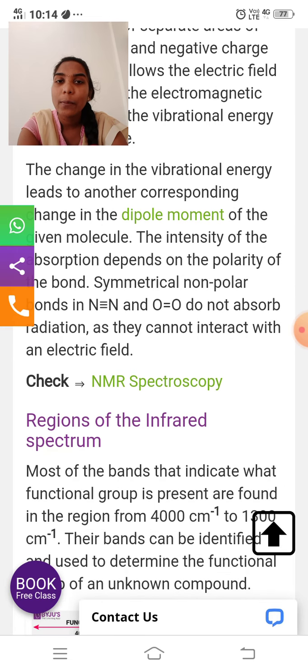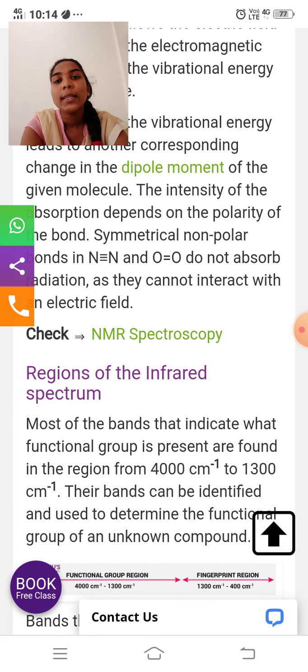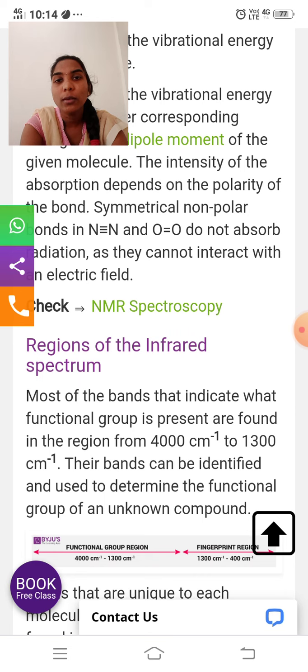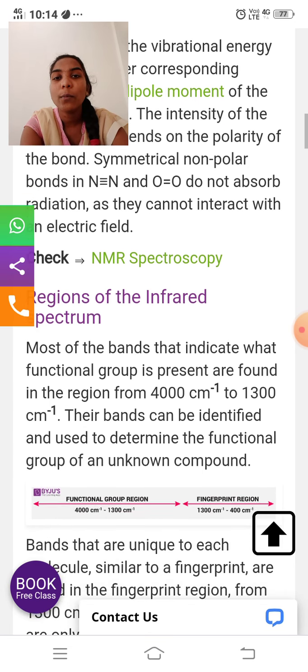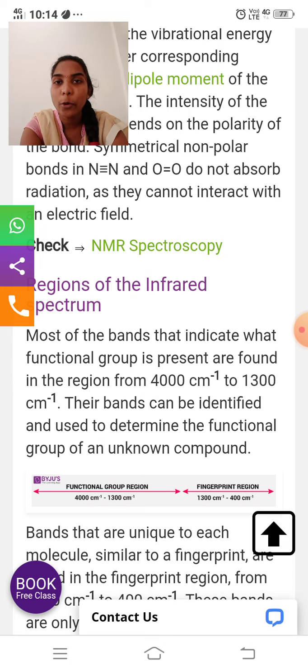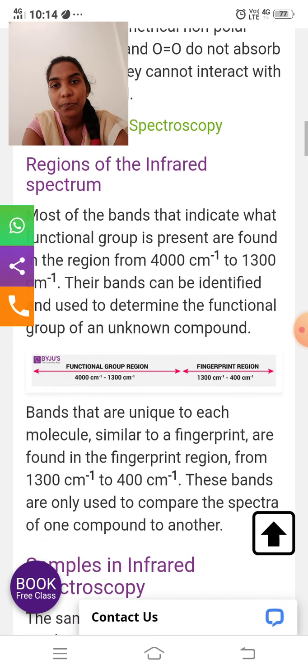The change in the vibrational energy leads to a corresponding change in the dipole moment of the given molecule. The intensity of the absorption depends on the polarity of the bonds. Symmetrical non-polar bonds, the nitrogen triple bond nitrogen and oxygen double bond oxygen, do not absorb radiation as they cannot interact with an electric field.